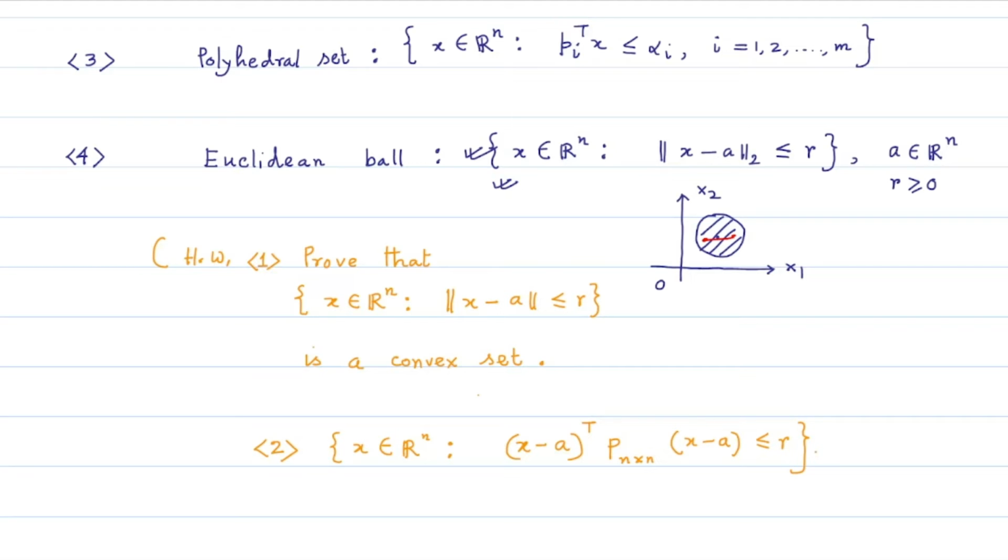This is also a convex set. Here a is a priori given point in Rn and r is a real number greater than or equal to 0.